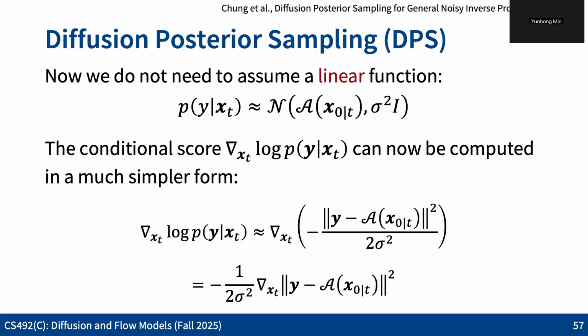You can also see the meaning like this: we simply compare the given observation with the output from Tweedie's formula, see how much these two differ, compute the L2 loss, and then take the gradient with respect to xt. That becomes the additional guidance that we add to the noise in the generation process.